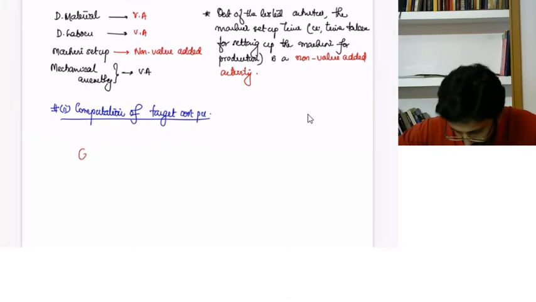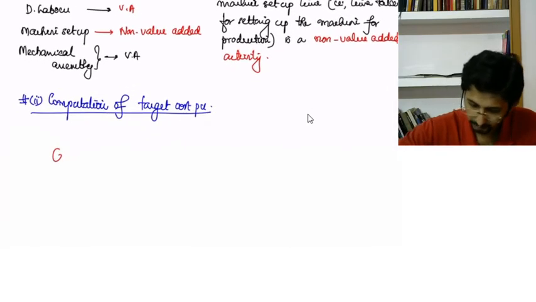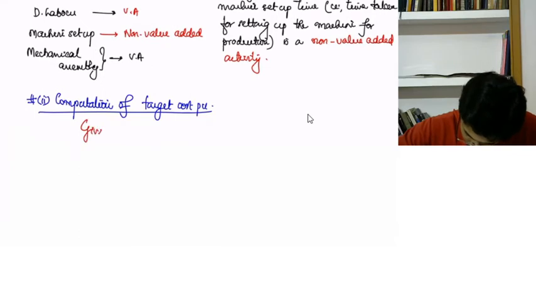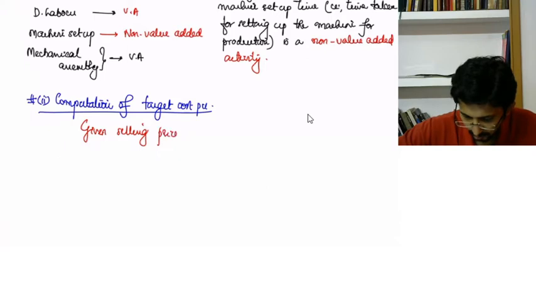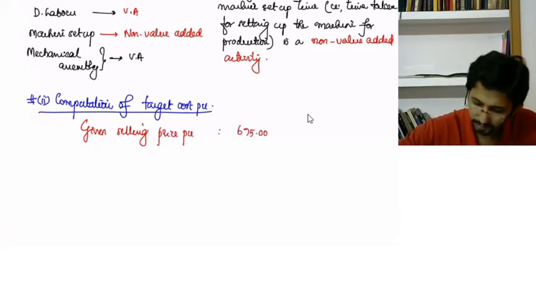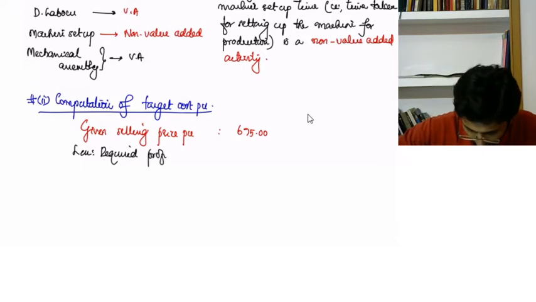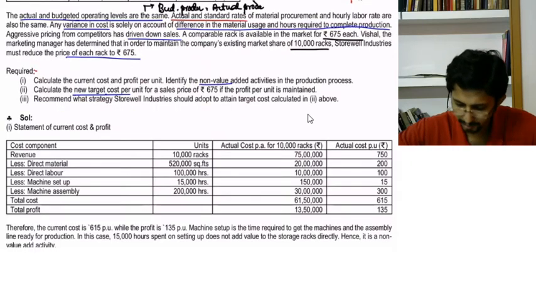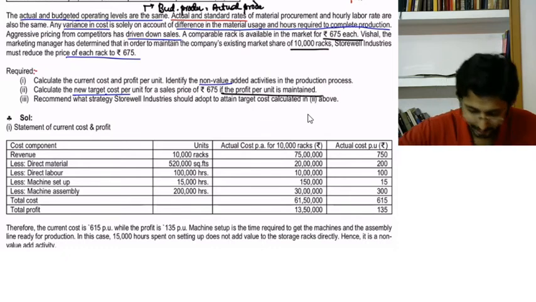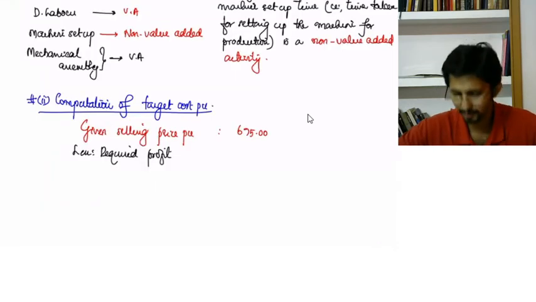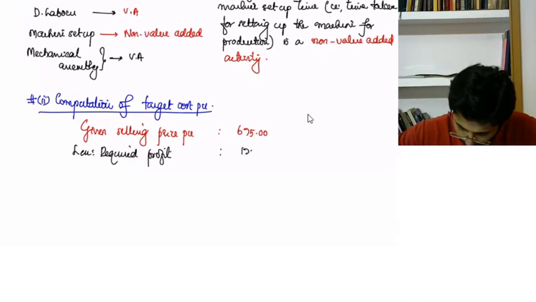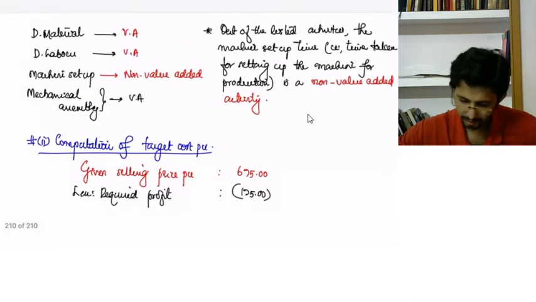Okay, how do you compute? You have the given selling price. Selling price per unit is 675 plus required profit. What do they talk about the profit? They say that if the profit per unit is maintained, it should be maintained. So what is the present profit per unit? It is 175. Okay, it is 175.